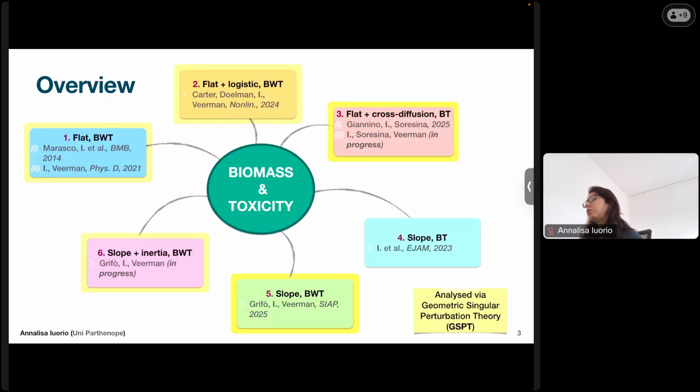And in order to also give you a bit more of a feeling of how powerful and useful GSPT is for this type of problems, I will basically give you more details in the construction of stable patterns and traveling pulses for model 3, so the cross-diffusion model, where we already have a preprint, but the GSPT part is a work in progress.